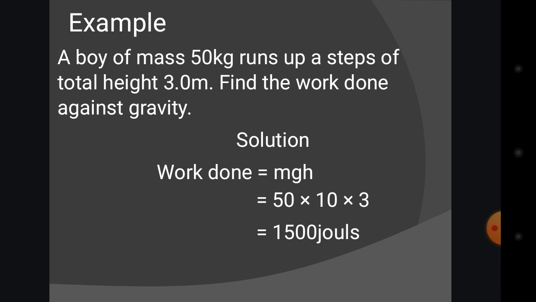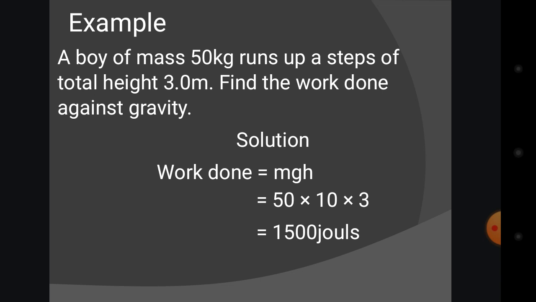If we multiply 50 times 10 times 3, we end up with 150 joules. Normally, work done is measured in joules. So we find the work done that he does in order to go against the force of gravity, and we end up with 150 joule.